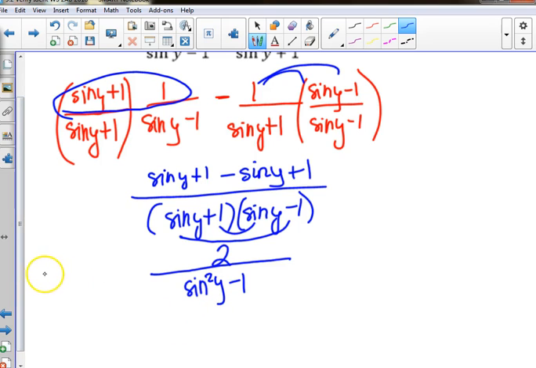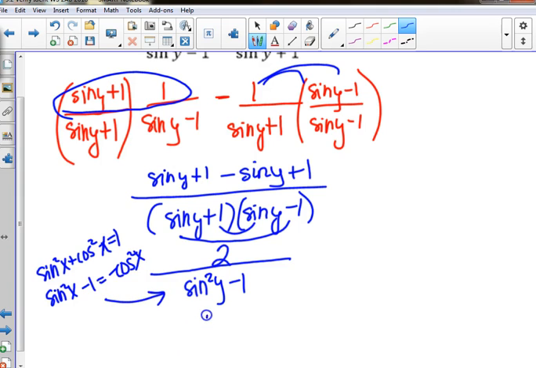Okay. There's a Pythagorean identity that says sine squared plus cosine squared equals 1. So a sine squared minus a 1 over to this side would equal a what? Negative cosine squared, yes? Okay, so I'm going to use that trade down here.